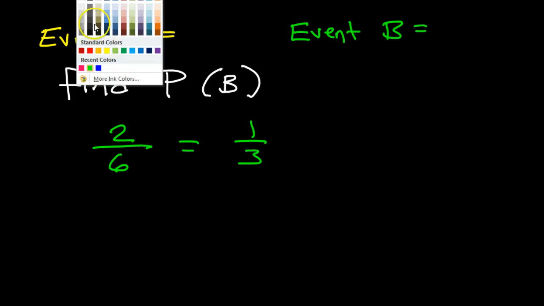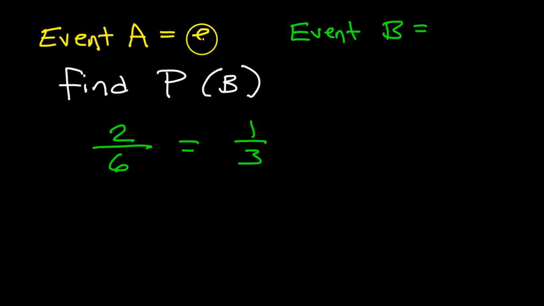Okay, so event A was even, and event B was prime number. Okay, and we are supposed to find the probability.